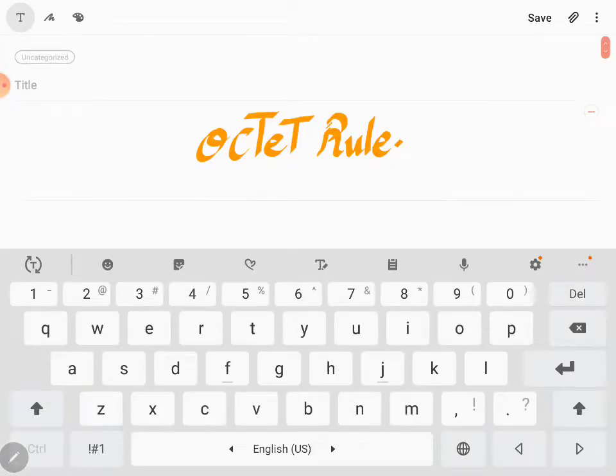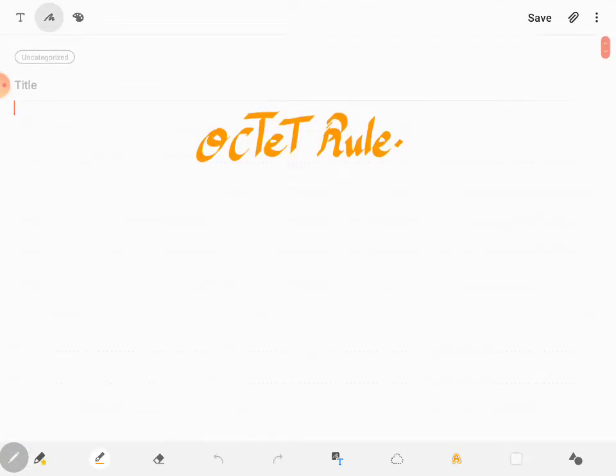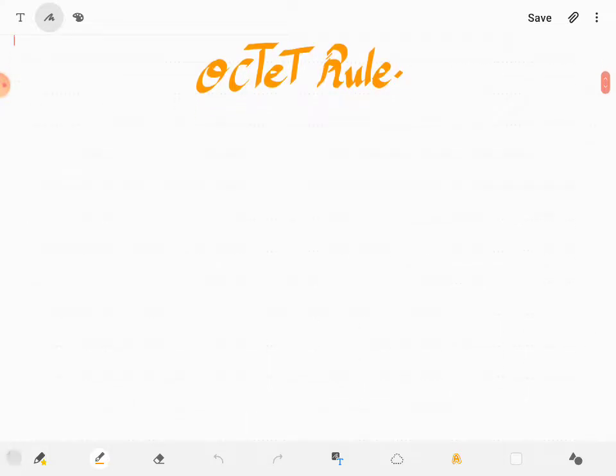First one was the octet rule. This is the Kossel and Lewis approach to chemical bonding, and it later became the Lewis structure.